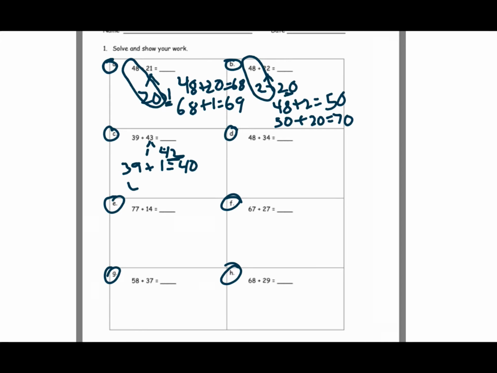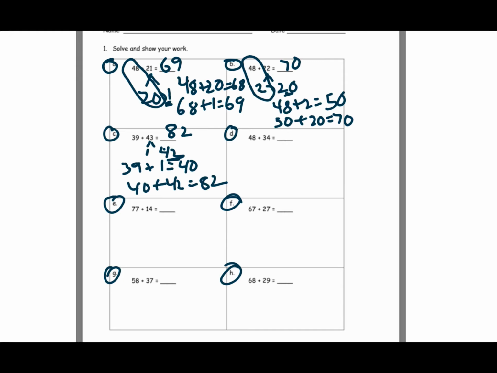But I still have 42, so 40 plus 42 equals 82. Oh, I apologize, boys and girls. I haven't been writing my answers in the line above. This was 69. 48 plus 21 is 69, and 48 plus 22 is 70. And 39 plus 43 equals 82.